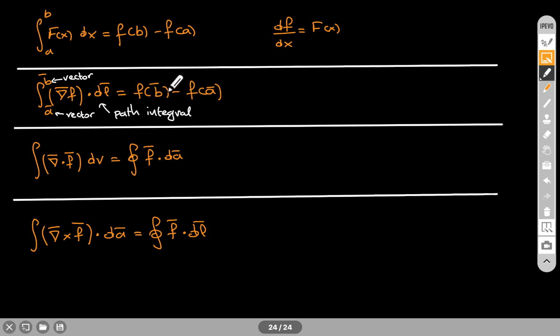The right side is telling me that this path integral depends only on the value of the function at b and the value of the function at a. No matter what path you choose, you will always get the same result. What this is telling us is that the path integral of the gradient of the function does not really depend on the path.